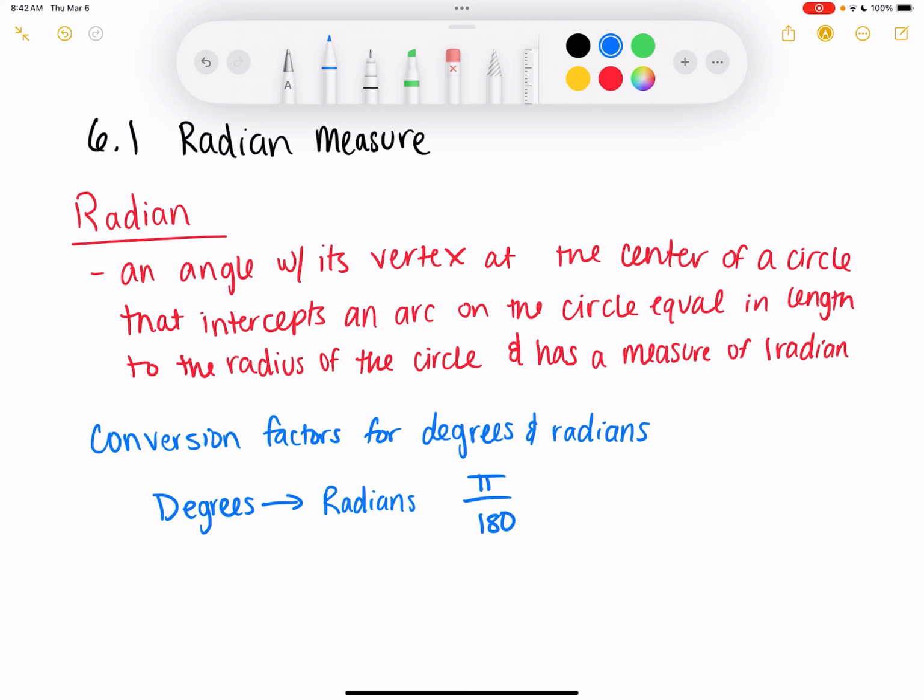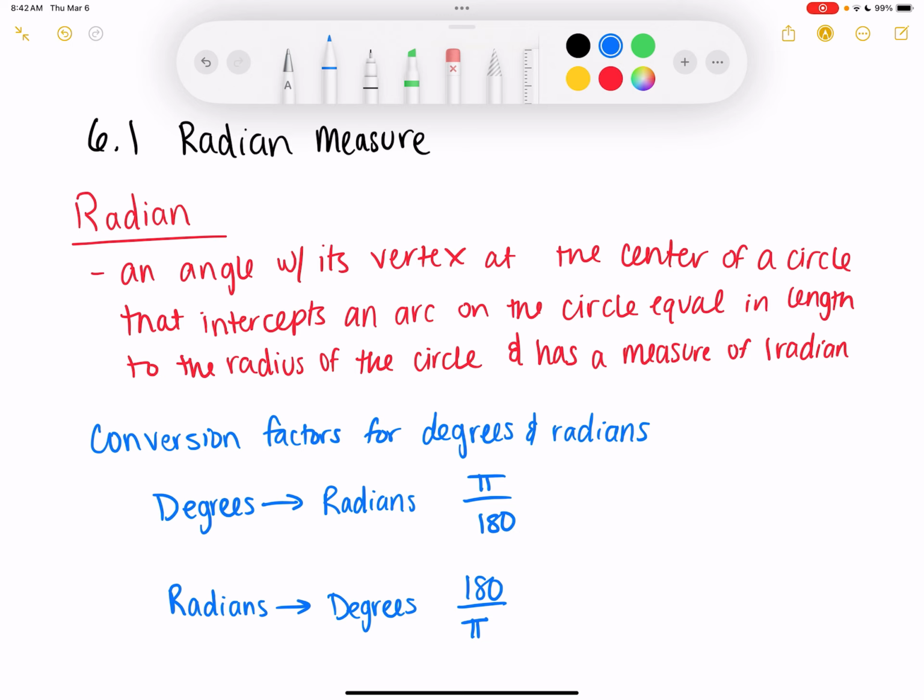If I'm going from radians to degrees, then it is 180 over pi. Basically it's the degrees or radians of half the circle that the conversion factor comes from, in its simplest form.